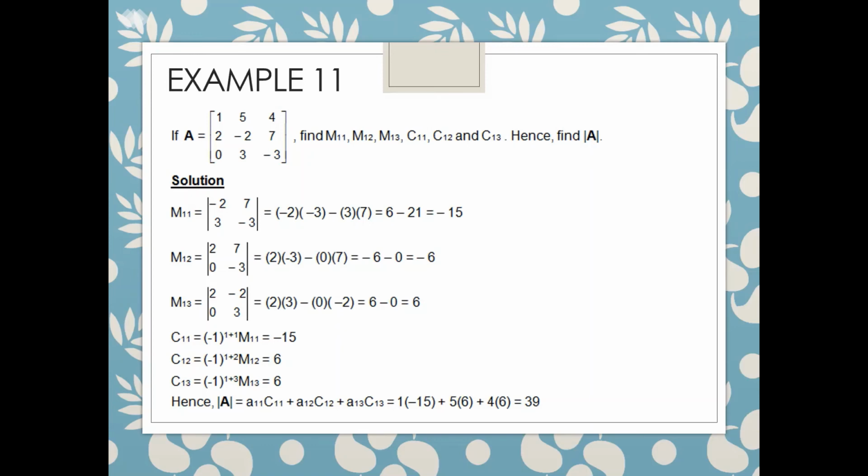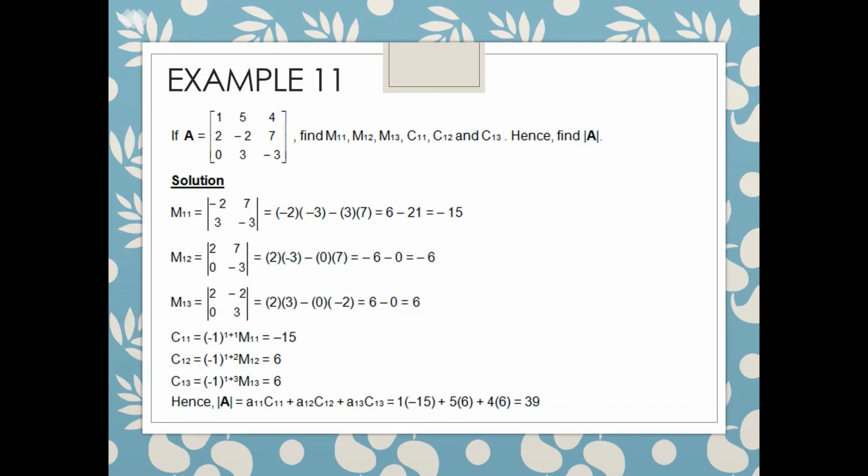Thus, minor 1, 1 is equal to negative 2 times negative 3 minus 3 times 7, which is equal to negative 15. M12 is equal to 2 times negative 3 minus 0 times 7, which is equal to negative 6. And minor 1, 3 is equal to 2 times 3 minus 0 times negative 2, which is equal to 6.